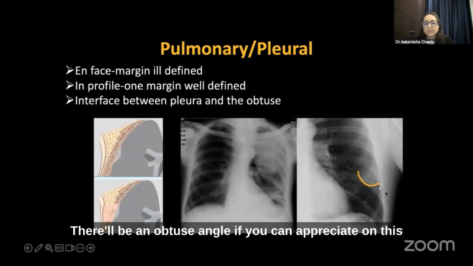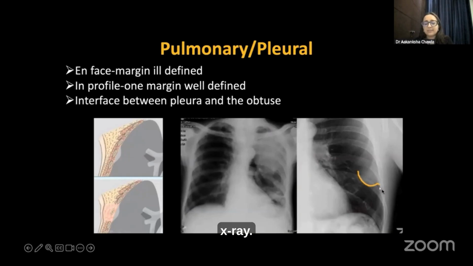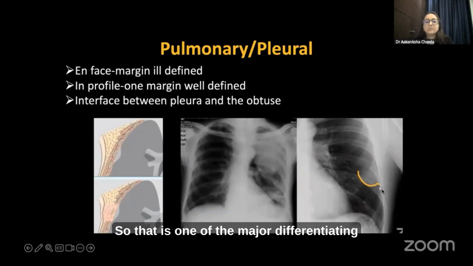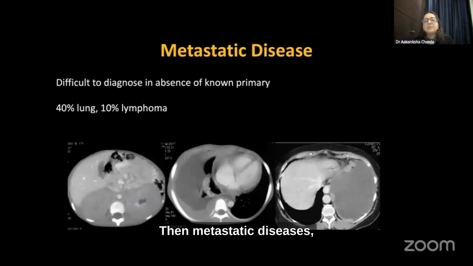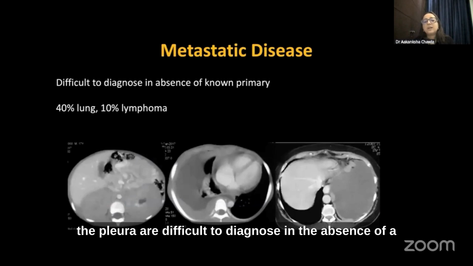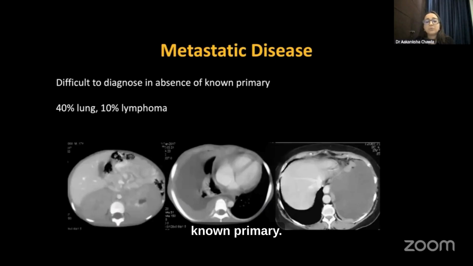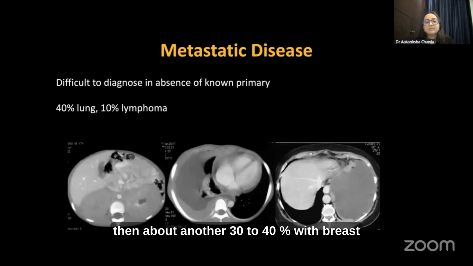You can appreciate the obtuse angle on this X-ray. So that is one of the major differentiating points. Then metastatic diseases of the pleura are difficult to diagnose in the absence of a known primary. 40% are associated with lung cancers, another 30 to 40% with breast cancers, and 10% with lymphomas.